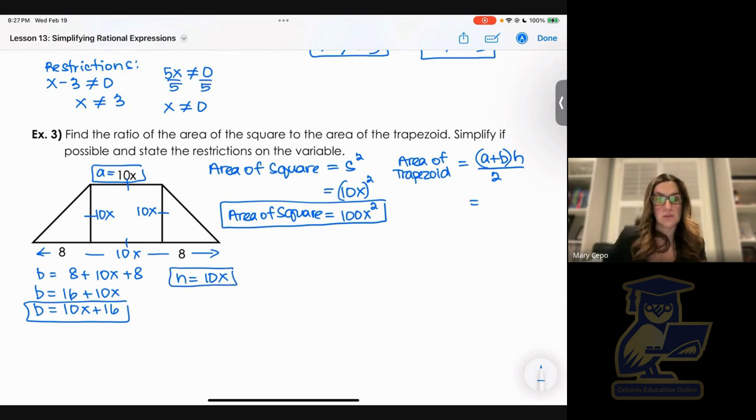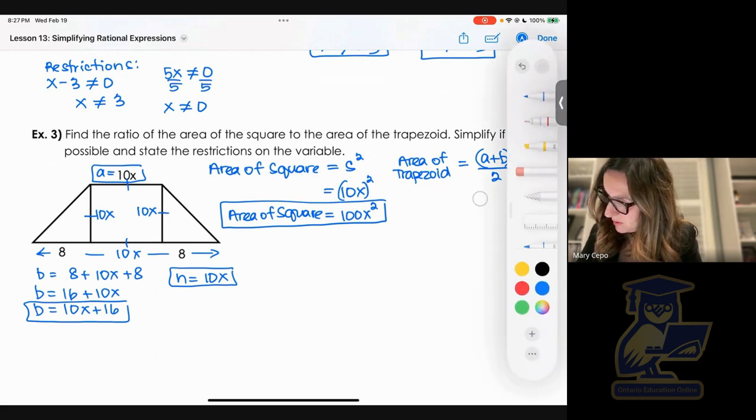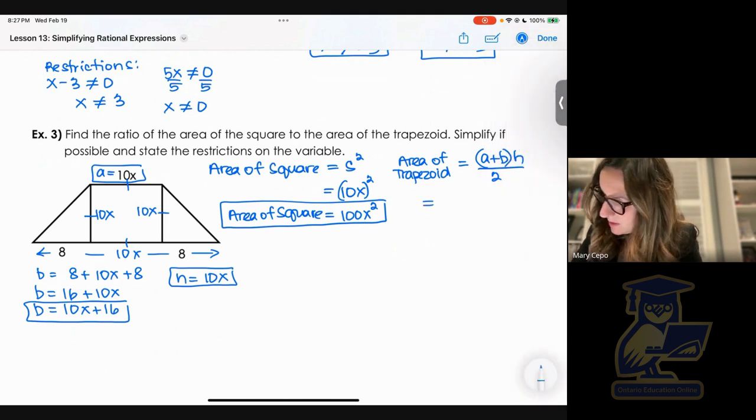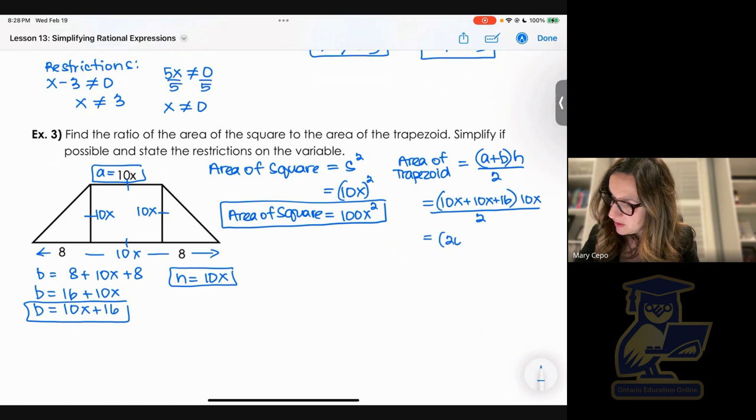So we're going to use that to determine the area of the trapezoid. Area of the trapezoid is equal to a plus b. So let's do that. a, which we know is 10x, plus b, which is 10x plus 16, all multiplied by h, which is 10x, all over 2. Always following BEDMAS, 10x plus 10x is 20x plus 16.